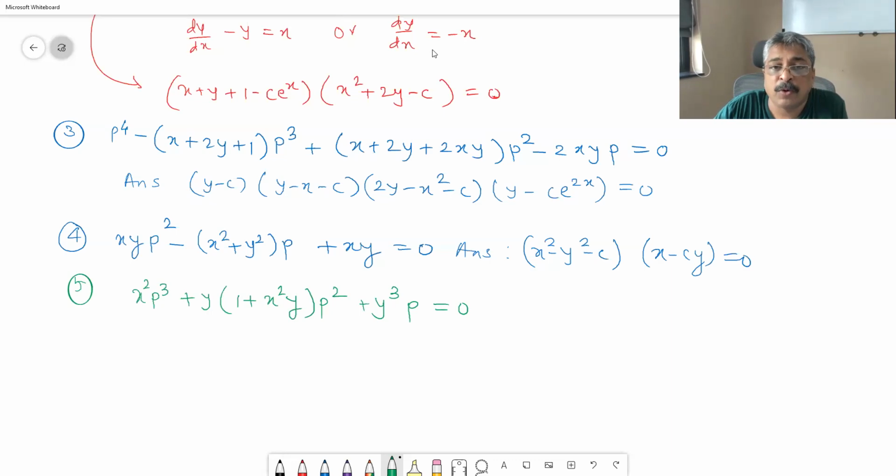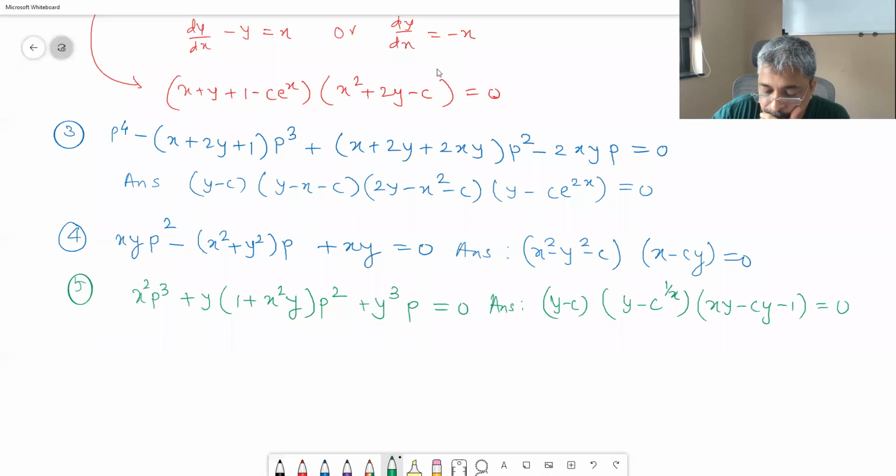These are solvable for p's. Okay, answer for this is y minus c, first bracket, y minus c raised to 1 upon x, second bracket, and xy minus cy minus 1 is equal to 0. This is the solution.